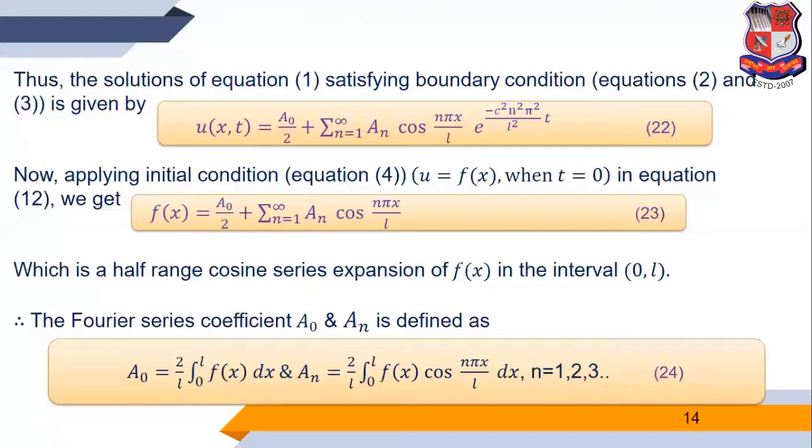So we find the solution of this heat conduction in a bar whose both ends are insulated, which is the solution form in equation number 22, where a0 and a_n are the Fourier half range cosine series coefficients.